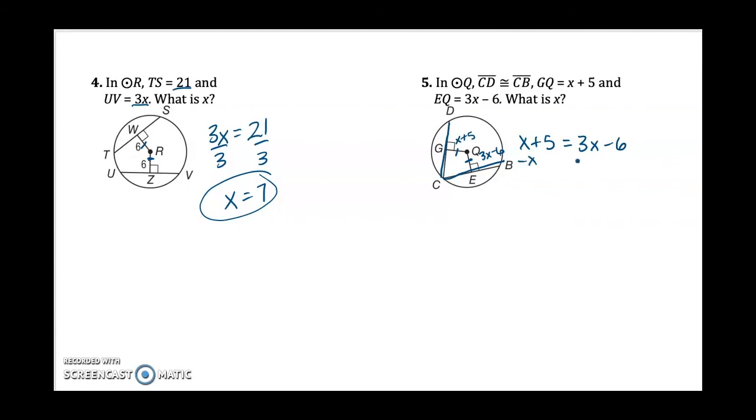We want to get all of the x's to one side, so subtract x. We get that 5 is equal to 2x minus 6. Add 6 to both sides, so 11 is equal to 2x. Then we divide by 2, and we get that x is equal to 11 halves, or 5.5.